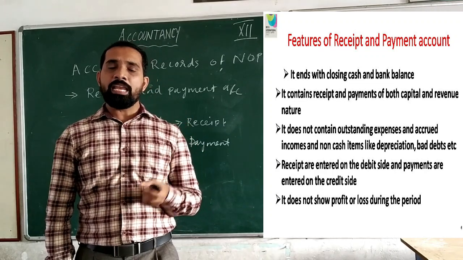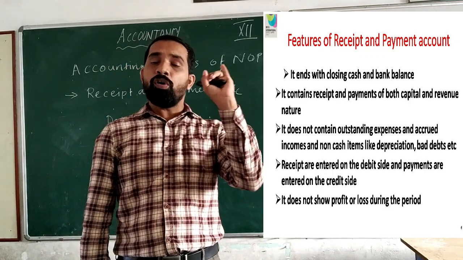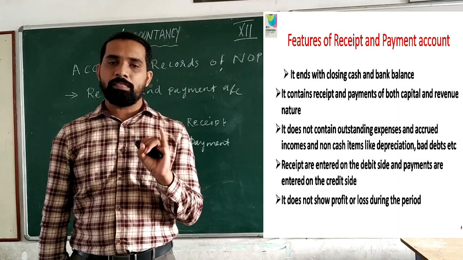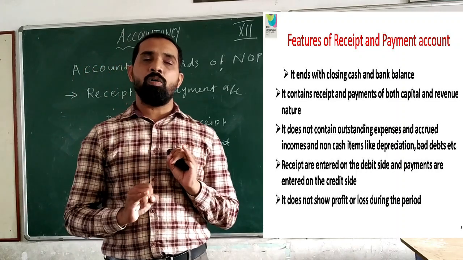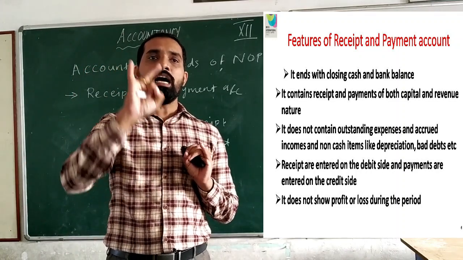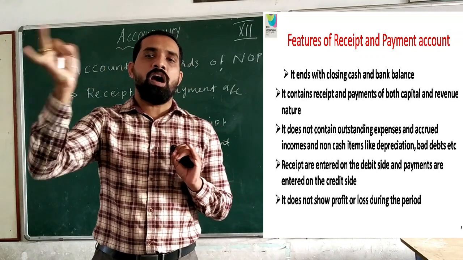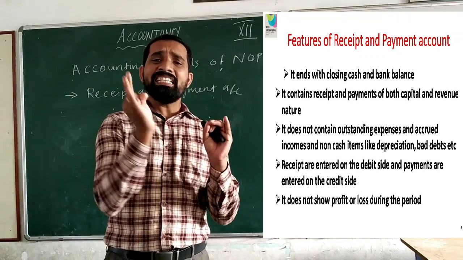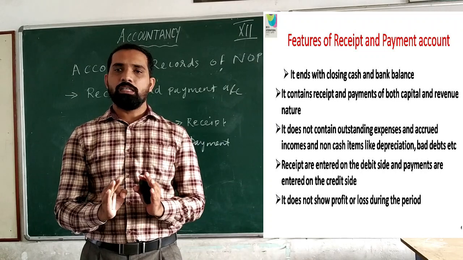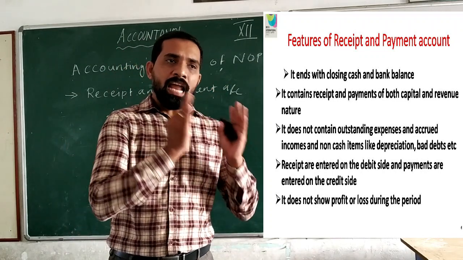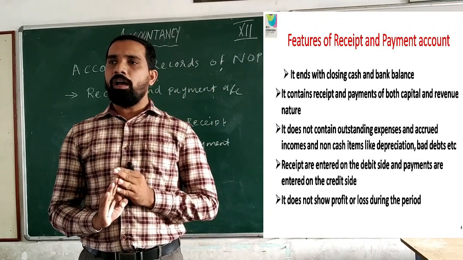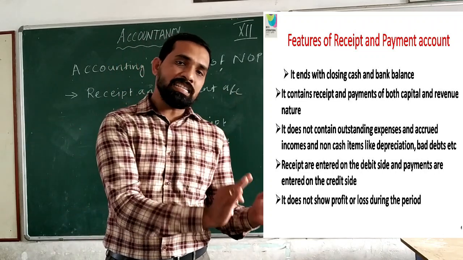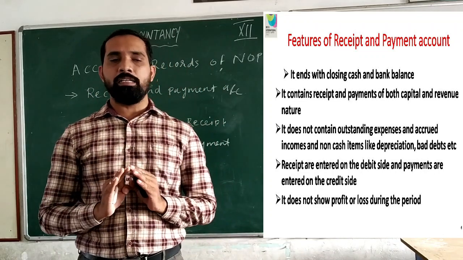So once again, I will repeat the points. What do you mean by receipts and payments account? Receipts and payments account is prepared to find out the cash inflow and cash outflow. It is similar to a cash book. It is prepared at the end of an accounting year on the basis of cash receipts and cash payments.